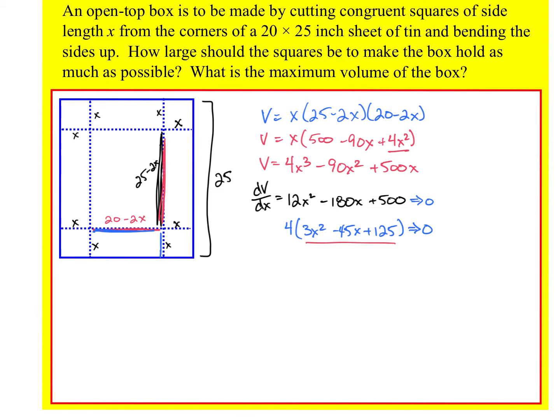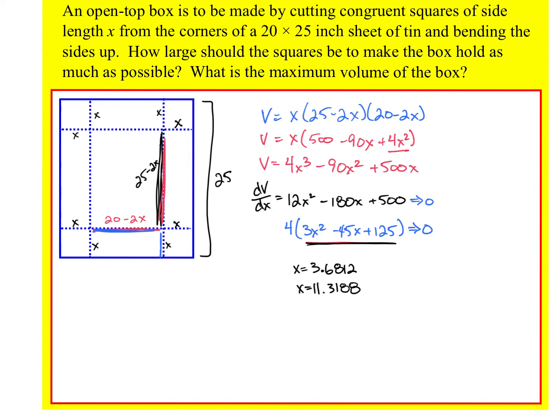So because this one is going to require a graphing calculator, I would graph it and solve for my zeros. I end up getting x is equal to 3.6812, and x is equal to 11.3188.